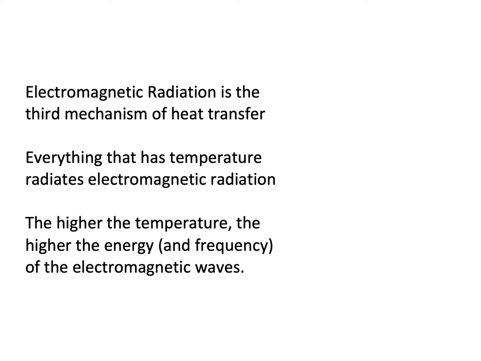You and I are at a much lower temperature, and so we don't radiate visible light. We actually radiate what's called infrared light. You might have heard of infrared light before. But basically, we are all emitting electromagnetic radiation. Now, the higher the temperature that something is, the higher the energy and frequency of the electromagnetic waves that it gives off are.